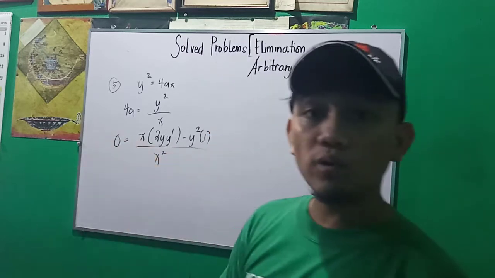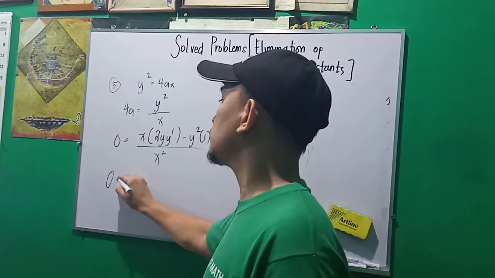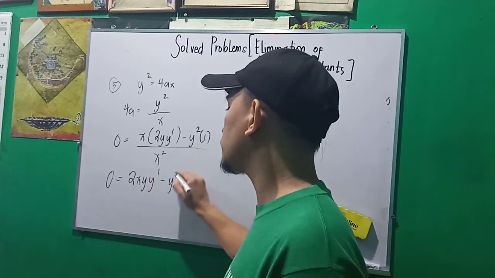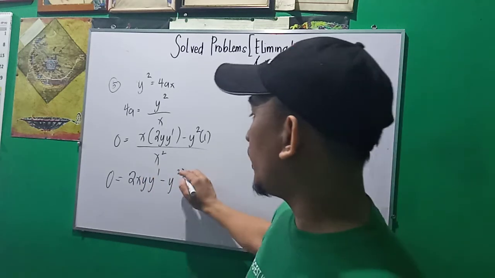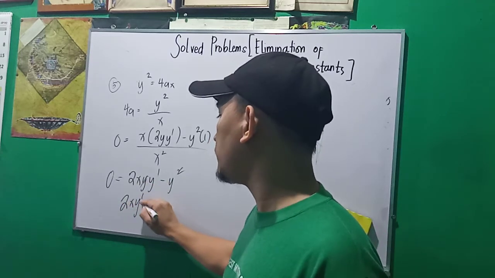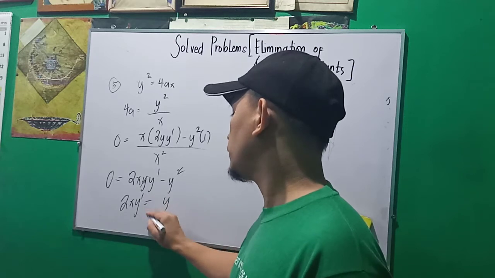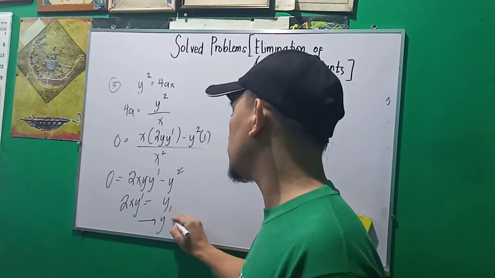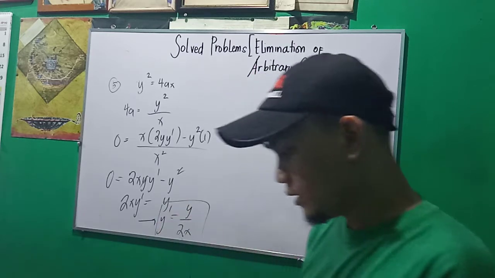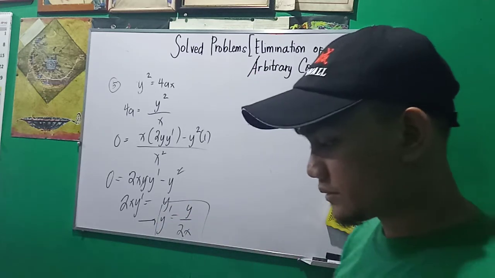Lipat sa kabila, it will become 0. 0 is equal to 2x y prime minus y squared. But we have a common y, so pwede natin tanggalin mga lodi. Lipat sa kabila, 2xy prime is equal to y. So from that, we have y prime is equal to y all over 2x. So yan ay magiging sagot natin.